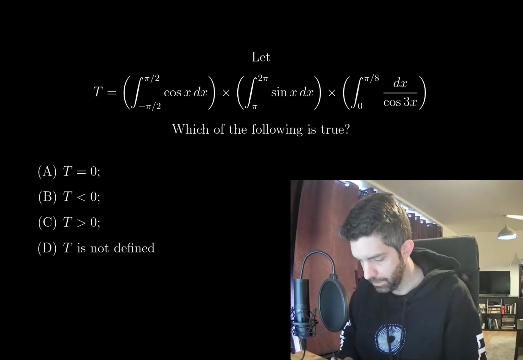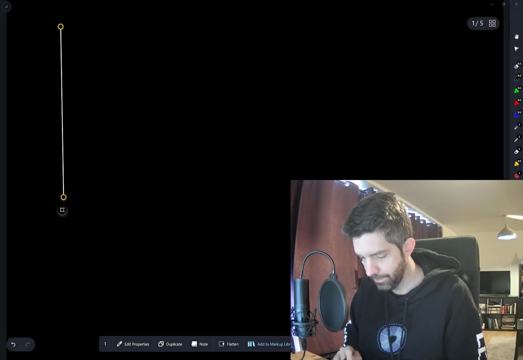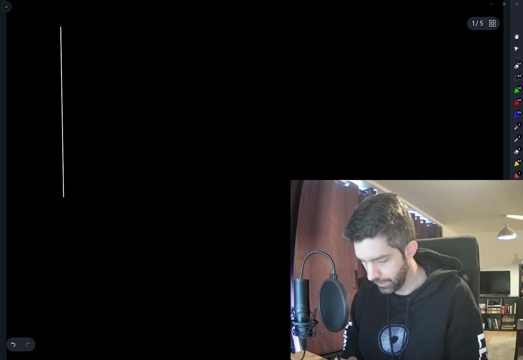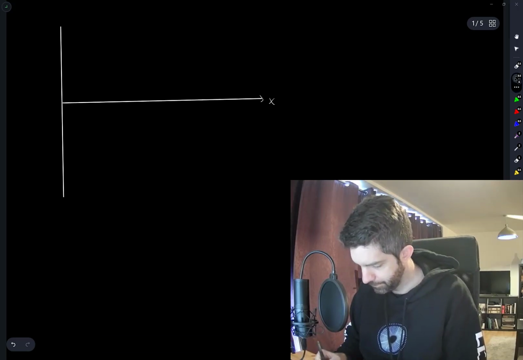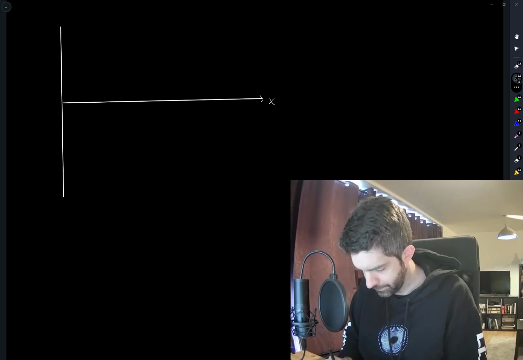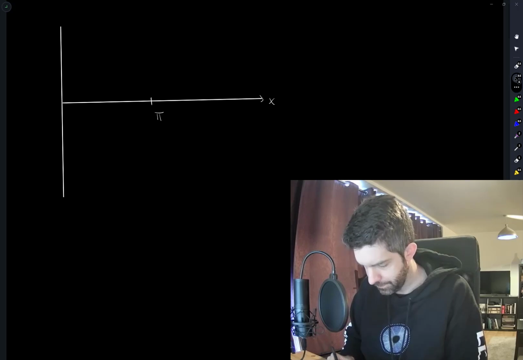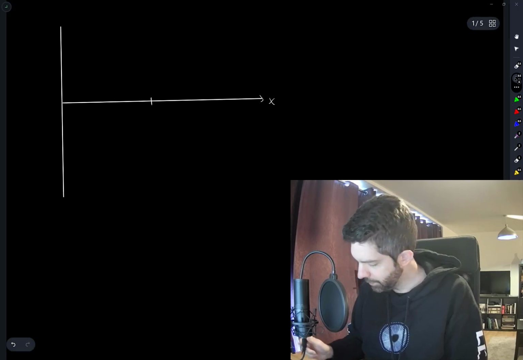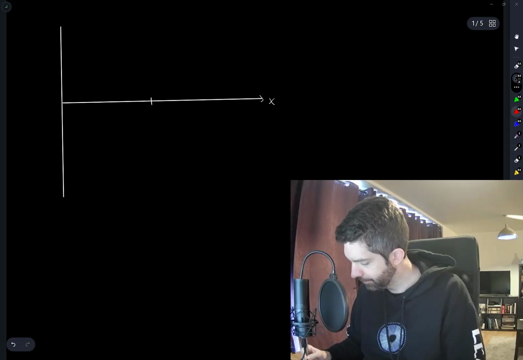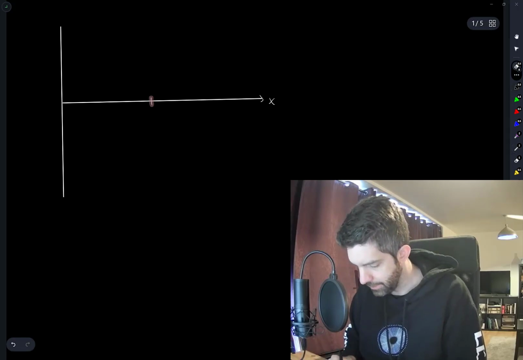So maybe it'll help to consider what the function cosine of 3x looks like. Well, so where does cosine change sign?